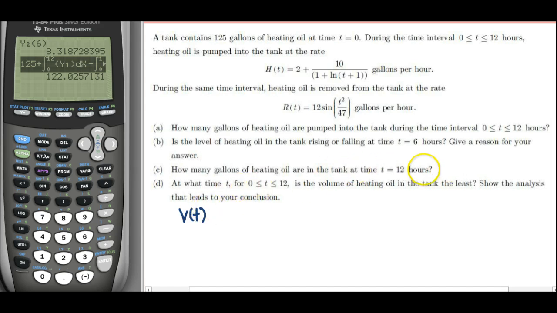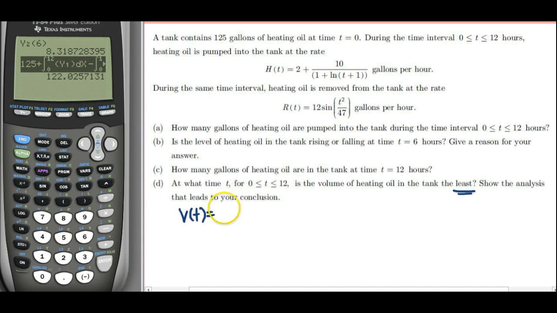And once I write this volume function, I'm going to try to minimize it. I'm going to try to find the absolute minimum value, the least quantity, between 0 and 12 hours. So the volume at any particular time, and hopefully this will seem familiar after you've done it enough times, the only thing that changes in these problems is what's coming in and what's going out.